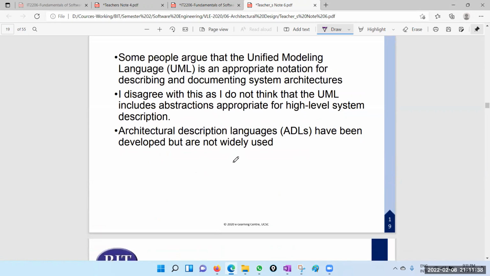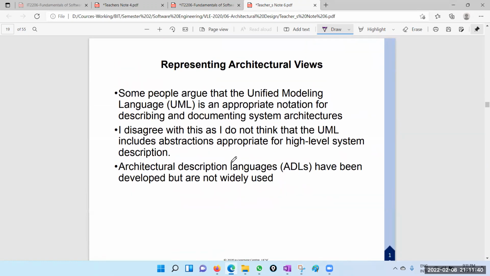Okay. And people are trying different ways to come up with the best architectures. Right? So the UML is there, Unified Modeling Language. Okay. And there are some other alternative approaches as well. Okay.